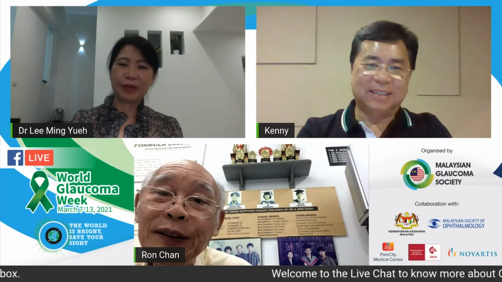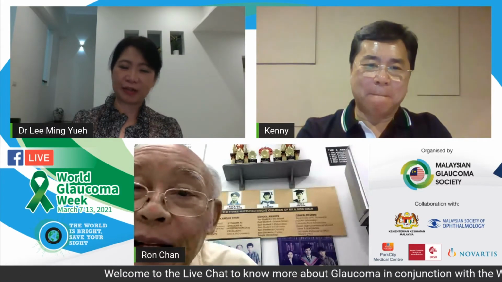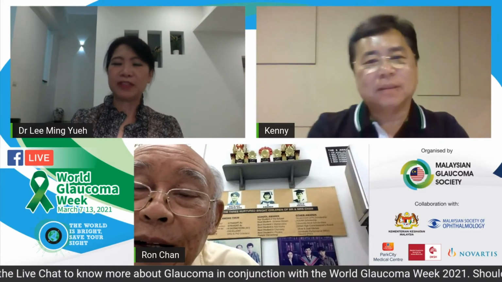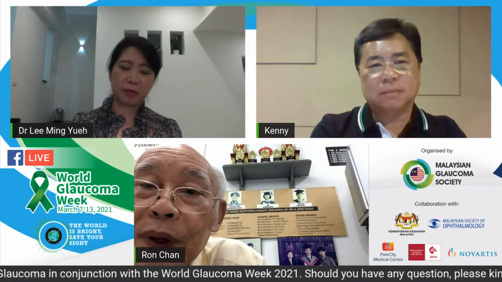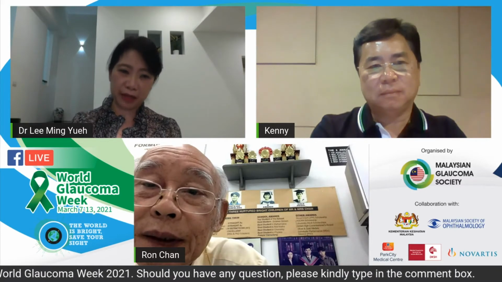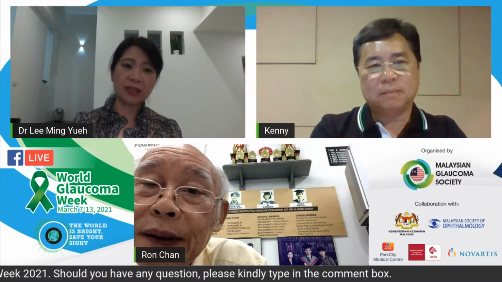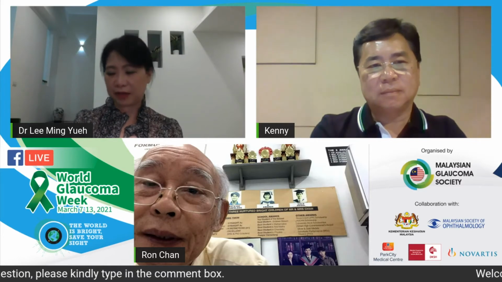Okay, we go a little bit into the management of primary open-angle glaucoma with Kenny Yee. As we all know, the first line of treatment of primary open-angle glaucoma and most glaucoma is medication by putting in eye drops. It is very efficient, very easy to do and very safe.